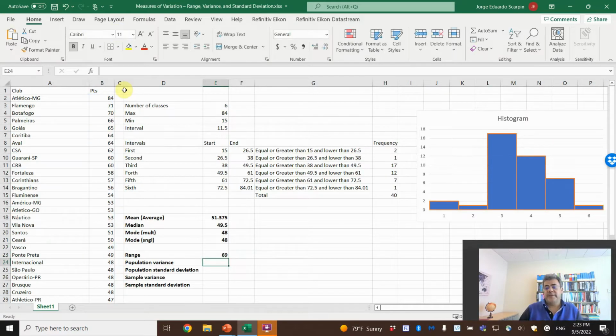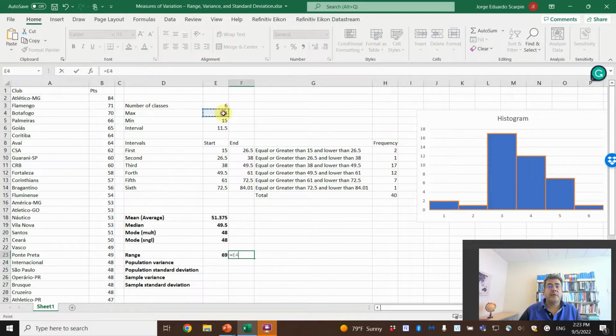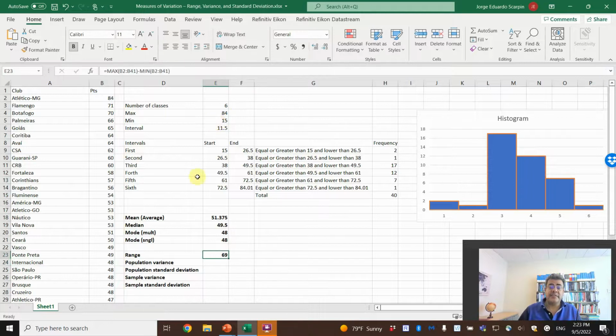There are some other ways, but this is the easiest one. And only to double check, 84 minus 15 is 69. So the range here is 69 points. Okay, so this is the first one, the range.